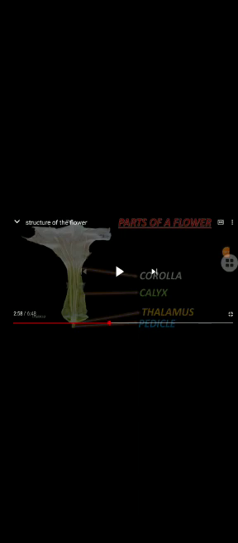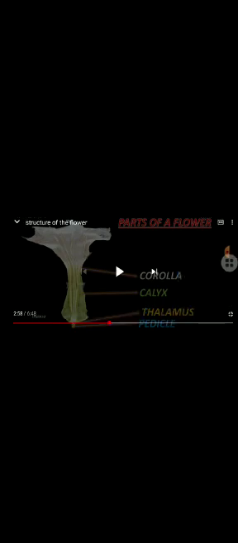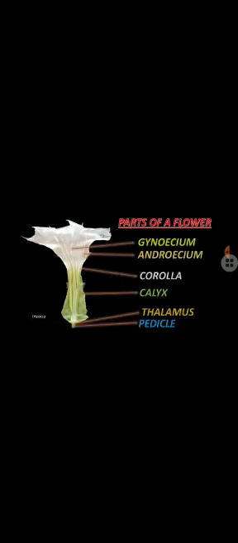So put these two in your mind first, these last two labelings, pedicel and thalamus. The stalk, and the section at the top of that stalk is called the thalamus. This is pedicel and this is thalamus. Now I'll tell you why I asked you to learn this. Pedicel is clear, thalamus is clear to my class, right? Androecium and gynoecium.